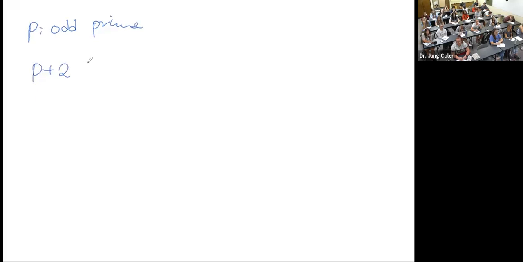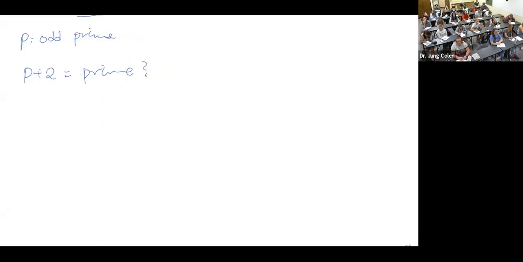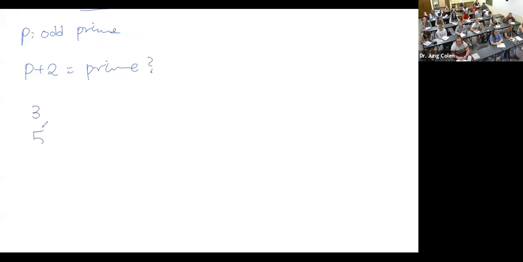So let's think about this together. We said P is an odd prime, and we're going to see if P plus 2 is also prime. That's our question, right? We have some numbers like 3, 5, 7, 9, 11, and so on.